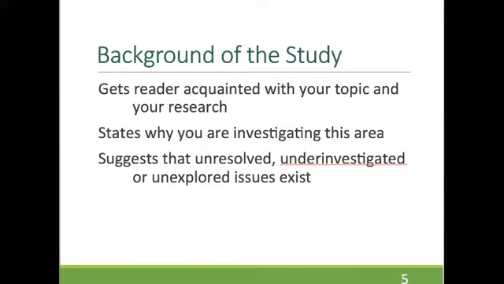It states why you're investigating this area, and it suggests that the reason you're doing this study is because it's a challenging issue that has been unresolved, under-investigated or under-researched, or just unexplored issues exist with this topic. So take that example student paper and read the example in there.